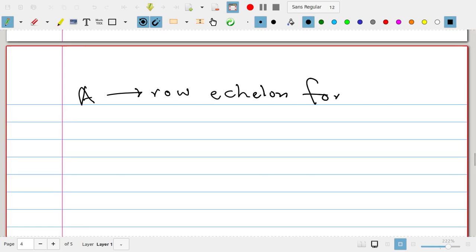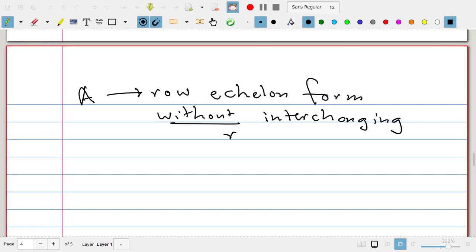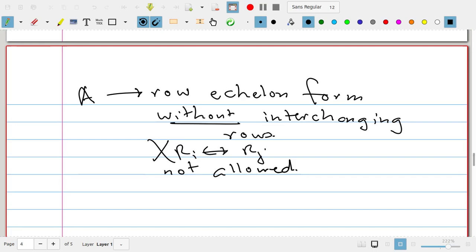Remember I said without interchanging rows. So you're not allowed to do Ri and Rj. This is not allowed.